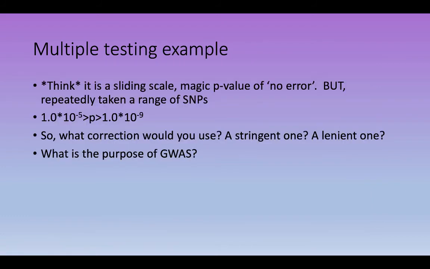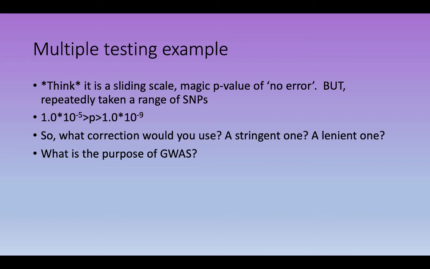So there is no magic p-value where there's no error. This is kind of a sliding scale process. Generally, that p-value is going to be somewhere between 10 to the negative 5 and 10 to the negative 9 that we want to make sure that a SNP has.